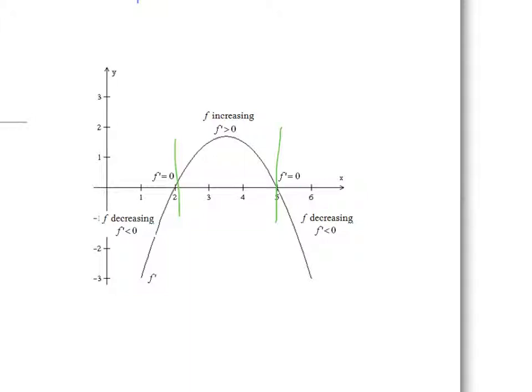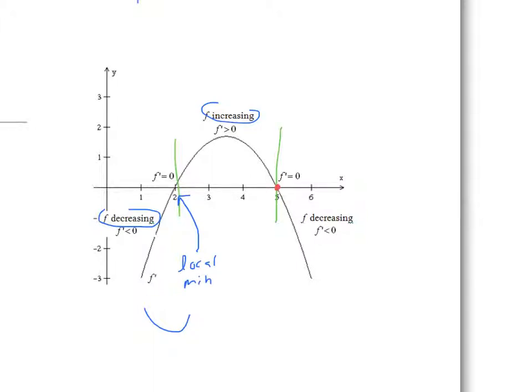If we wanted to identify what these points would represent, this point would represent, well, the derivative changes from negative to positive. So if the derivative changes from negative to positive, the function going from decreasing to increasing would be a local minimum.